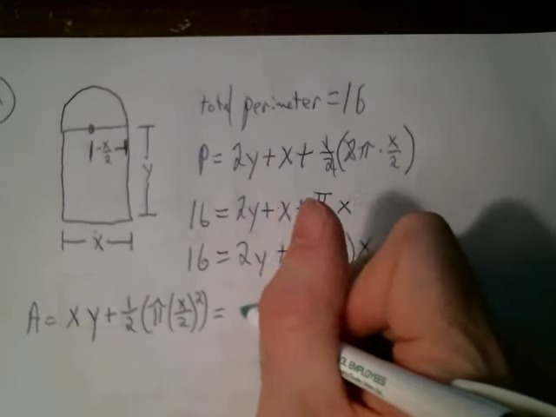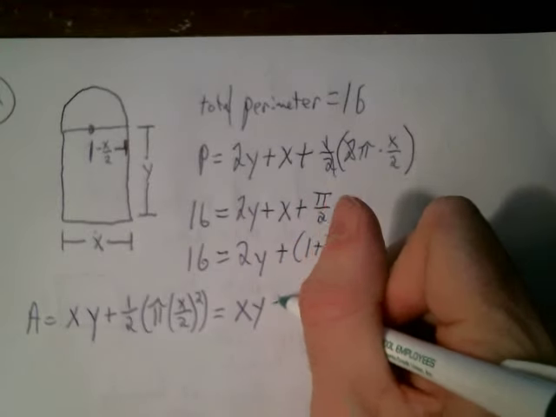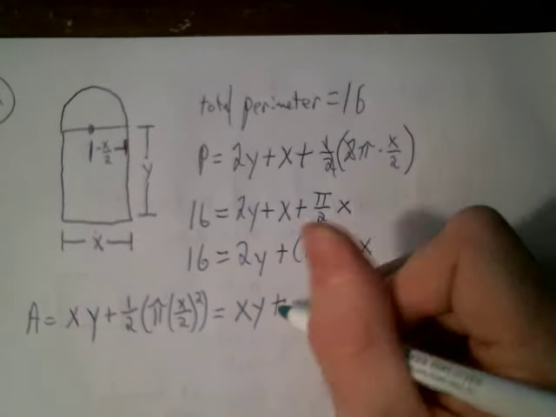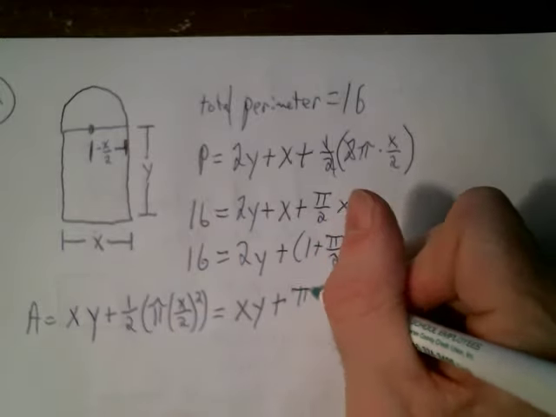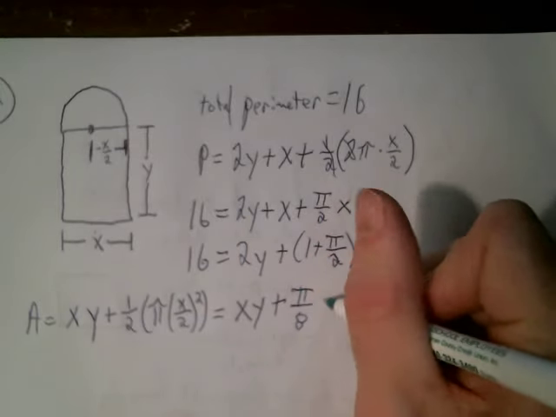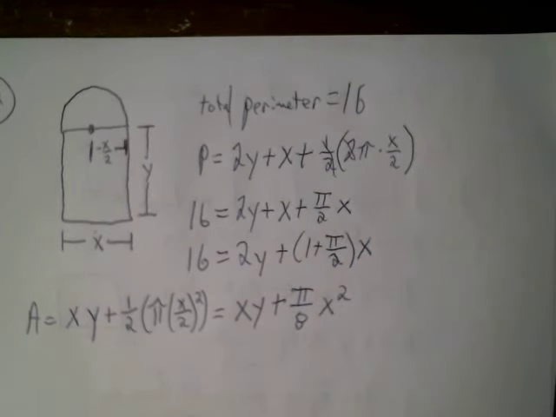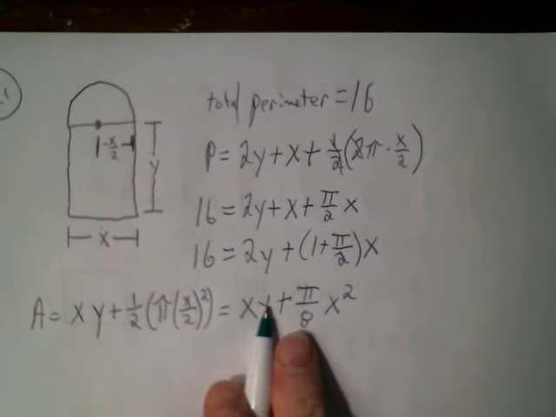Let's clean that up. So I have xy plus, what is this going to be? 4 times 2 is 8, so pi over 8 x squared. Okay, so that's my area formula.